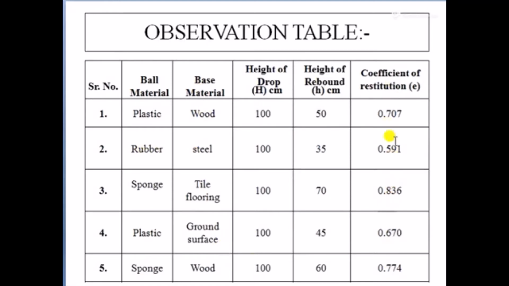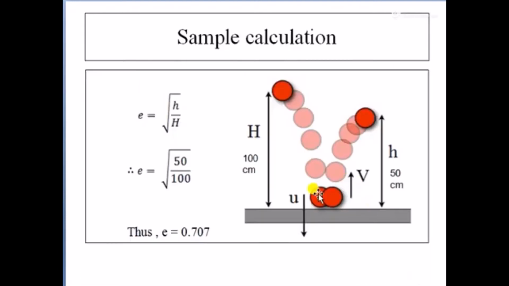The coefficient of restitution values vary, and based on that we can determine whether the collision was completely plastic, completely elastic, or towards plastic, towards elastic. For a better explanation, I have given a diagram here as well, which represents the initial velocity of the fall as small u and the velocity after impact, that is after the bounce, as capital V.